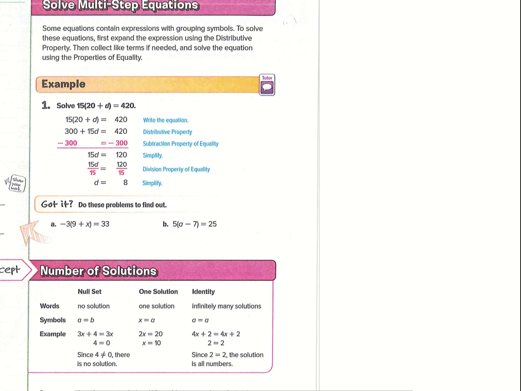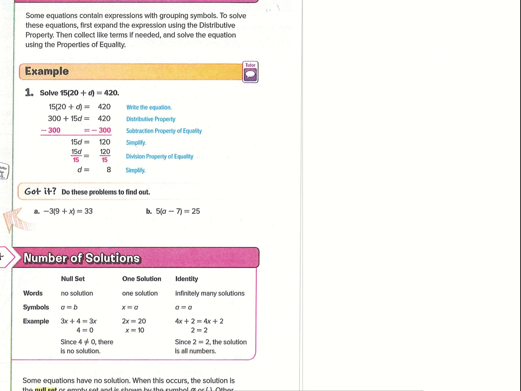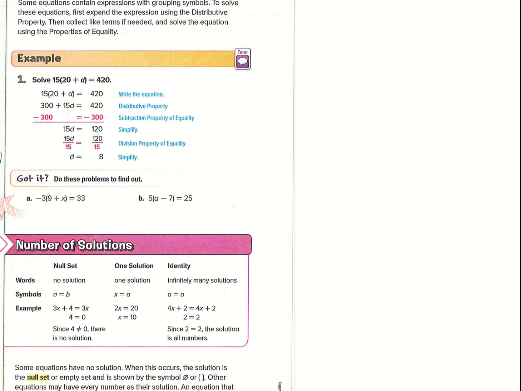All right. So we'll start here with example number 1. This is a good example of grouping symbols, so parentheses. The best way to handle an equation with parentheses like this is to use the distributive property.